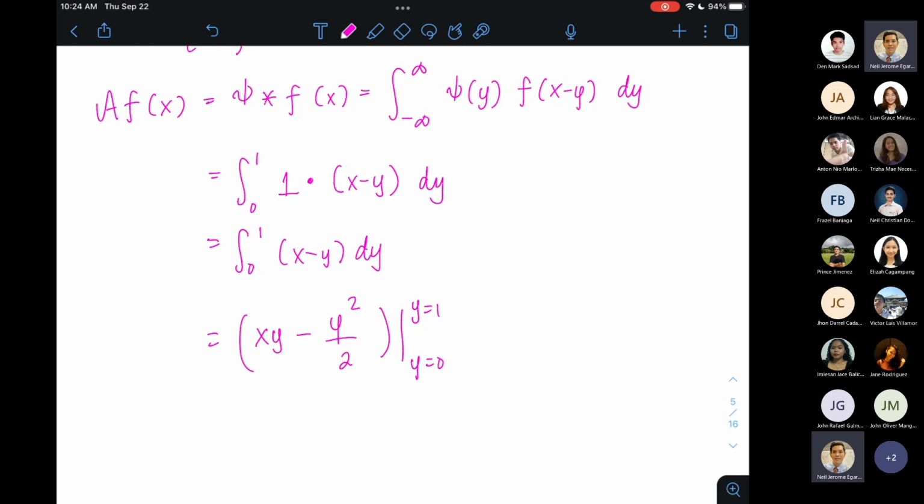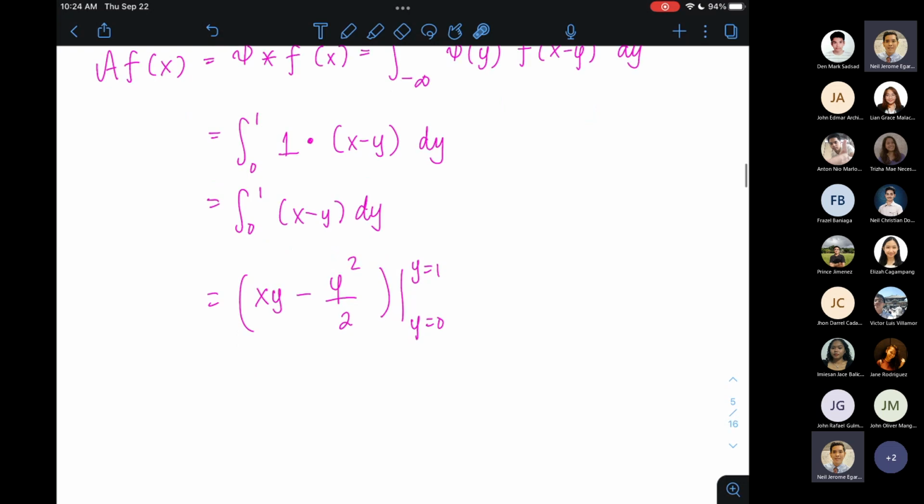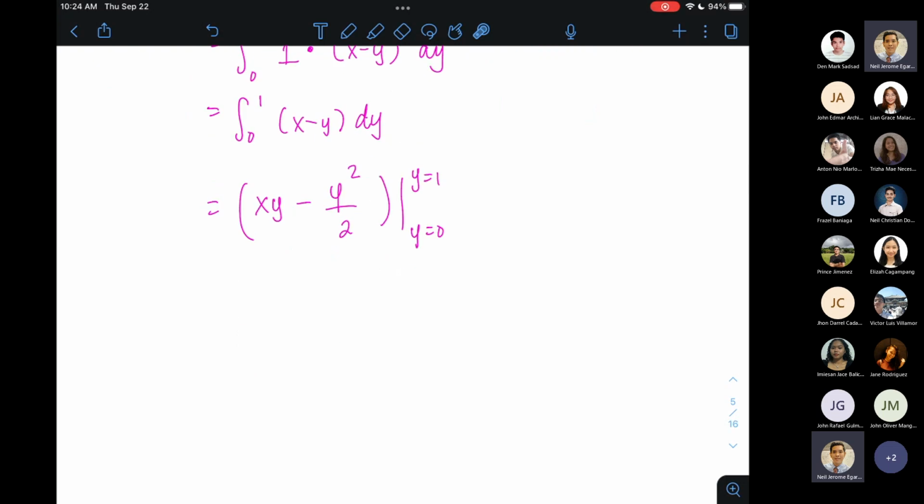Ito lang yung nakakalito sa convolution kasi dalawa yung variables na involved. Alright? Pero dun sa integration, si y lamang yung treated as a variable. Si x ay treated as a constant because again, sa y tayo nag-integrate. Dun sa pinang-time delay natin yung integration. Okay? So here I plug in y equals 0 and y equals 1, then take the difference.